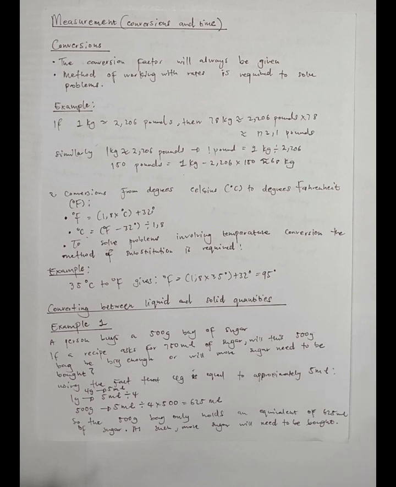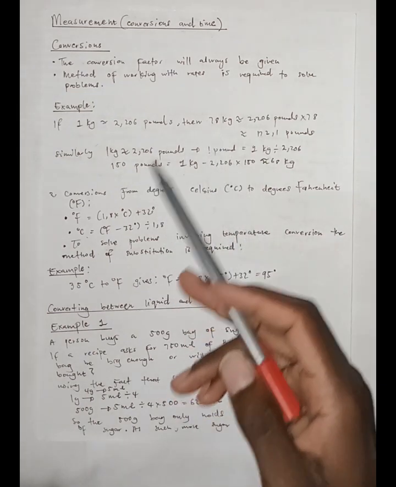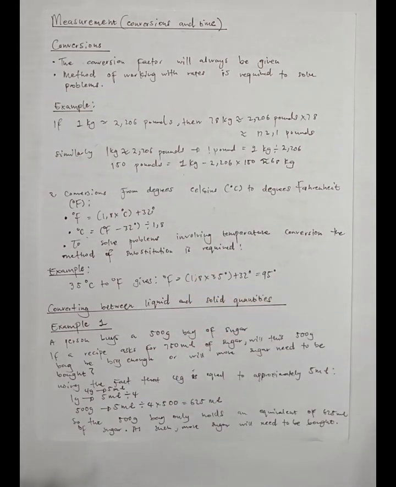So this is the same thing as here, because what they're saying is 1 kg is equivalent to 2.206 pounds, then 1 pound would be equal to 1 kg divided by 2.206, which makes sense. And therefore 150 pounds is equal to 1 kg divided by 2.206 times 150, which is equivalent to 68 kg.